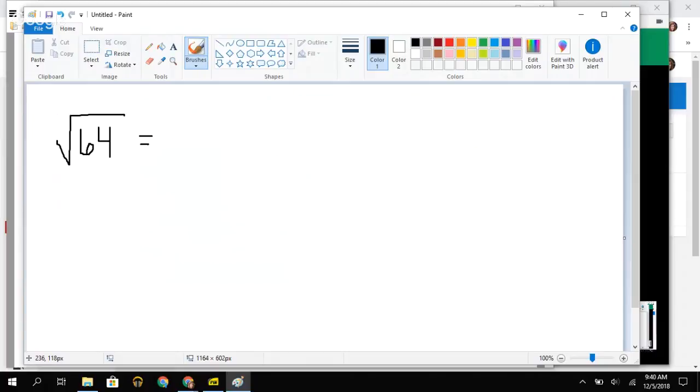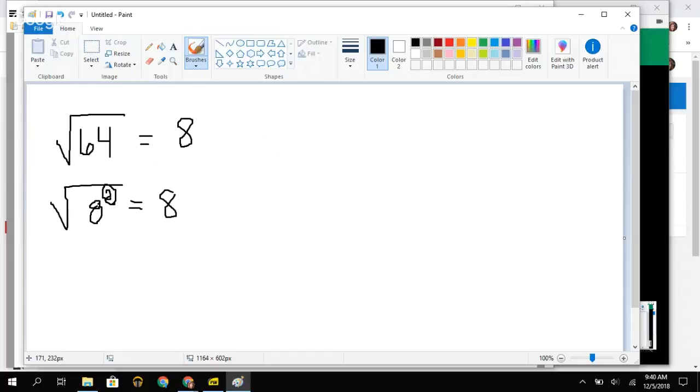I think many of you know this is 8, but what this really means is the square root of 8 squared equals 8.